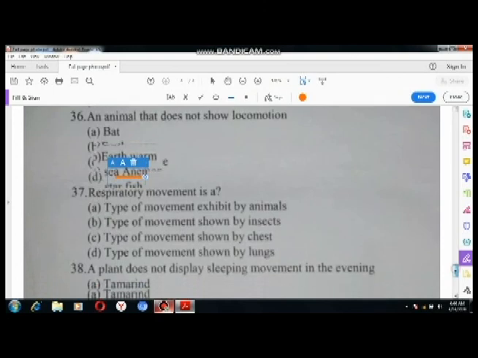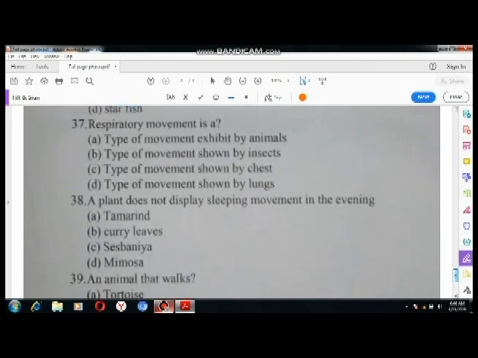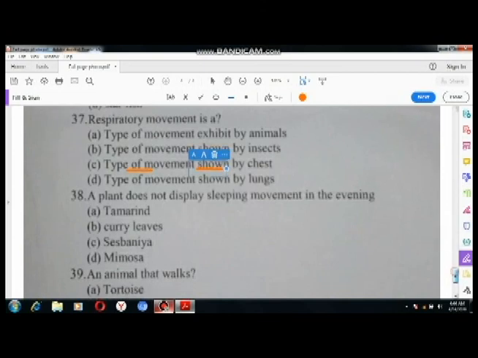Respiratory movement is a type of movement. What is a respiratory movement? Our chest moves up and down because of the respiration process. So respiratory movement is the type of movement shown by the chest. Respiratory movements are shown only by animals. Plants do not show respiratory movement. It is a difference between animals and plants. Which plant does not display sleeping movements in the evening?